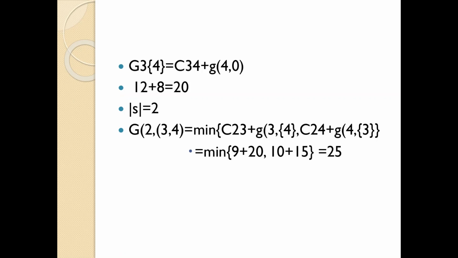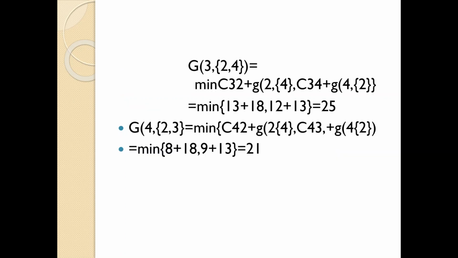Then for 3, we calculate cost of 3 2 and cost of 3 4. From this we consider the minimum one, which is 21. Then for 4 comma the set 2, 3, we calculate cost of 4 2 and cost of 4 3. Then we get 25 and 21.